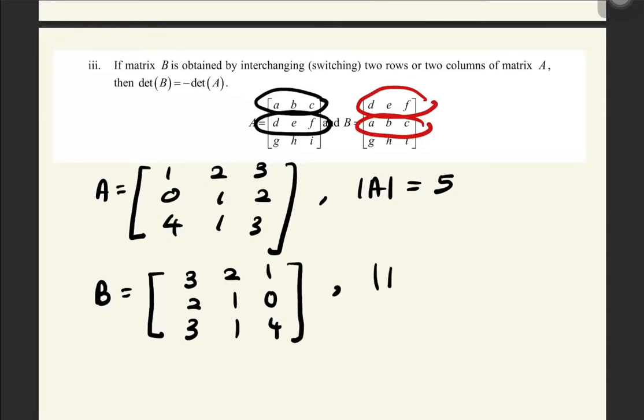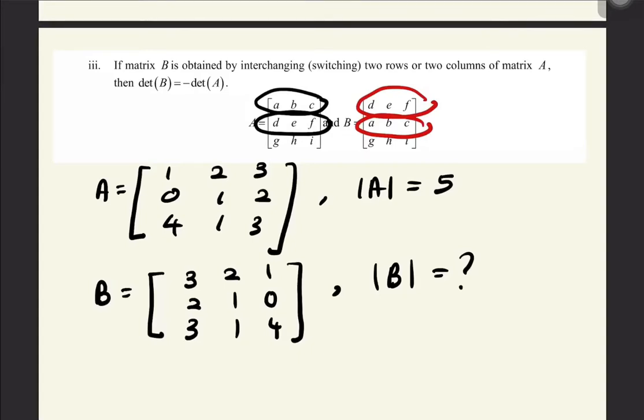So what is the determinant of matrix B? Okay, so if you compare these two matrices, you can see that matrix B is formed by interchanging 2 columns of matrix A while another column remains unchanged.